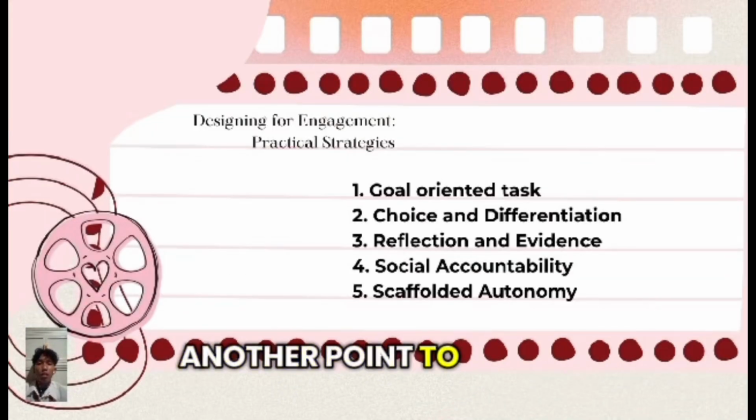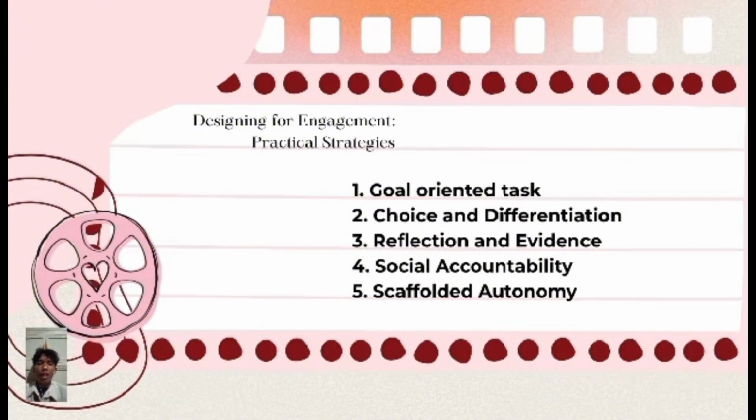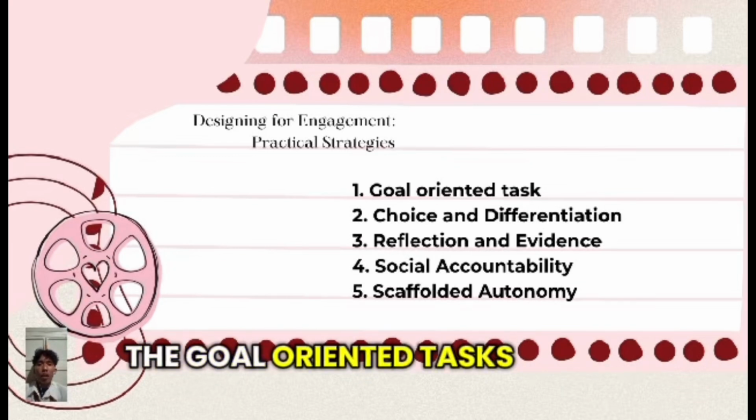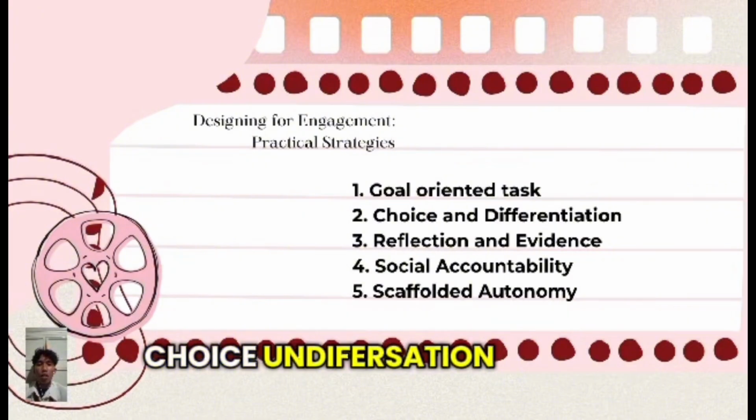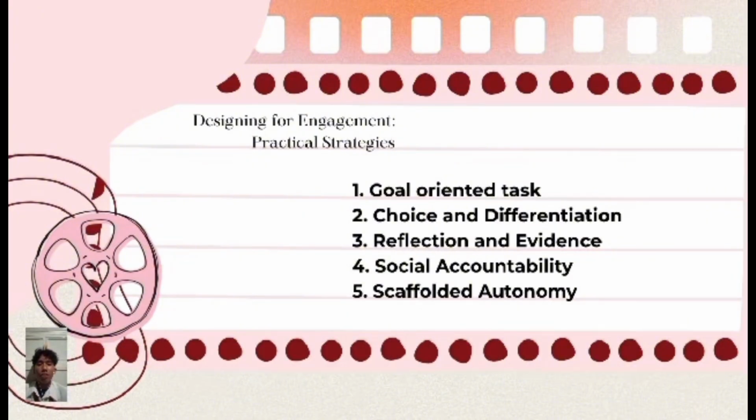Another point to consider is designing for engagement. Practical strategies. As we all know, SLA principles guide us to present the best strategies for learners in the future. It highlighted the goal-oriented tasks, choice and differentiation, reflection and evidence, social accountability, and scaffolded autonomy.